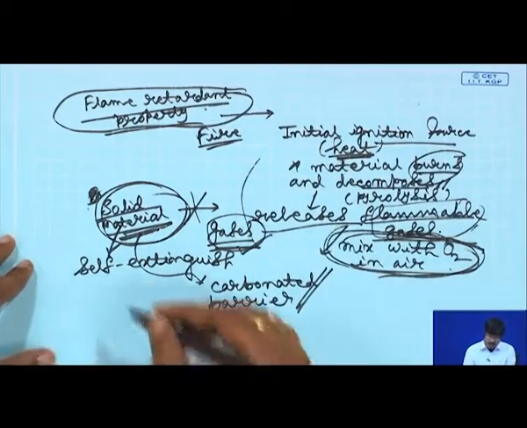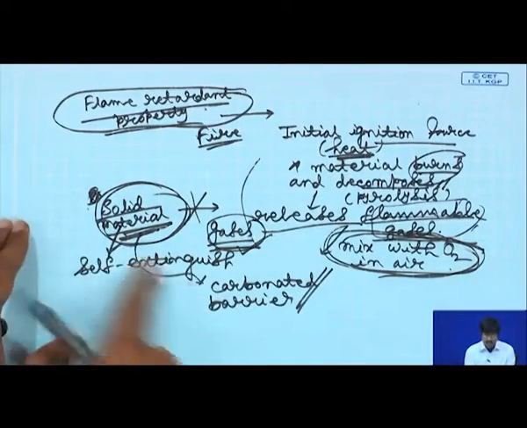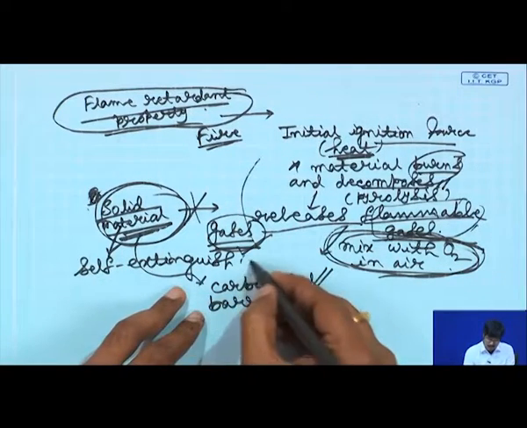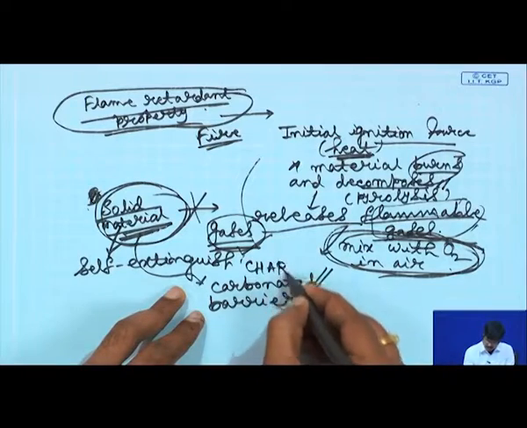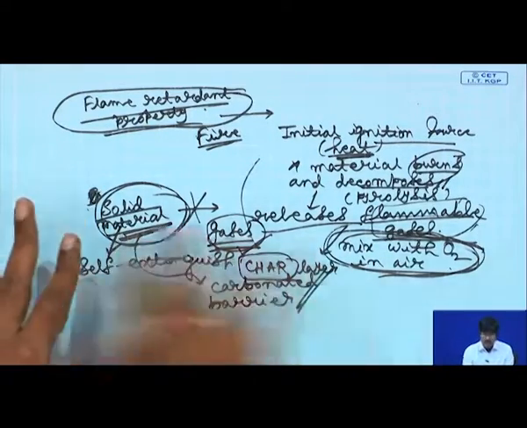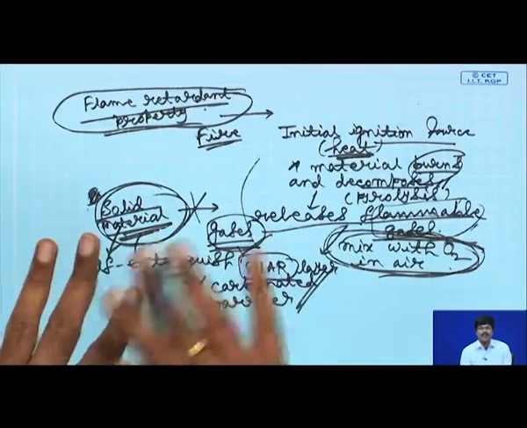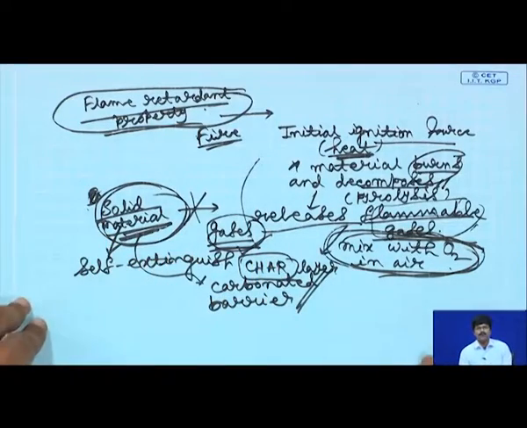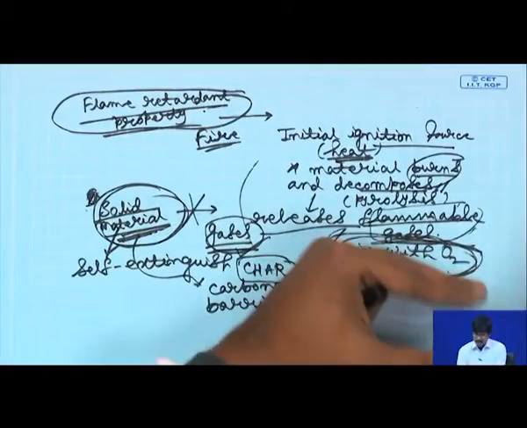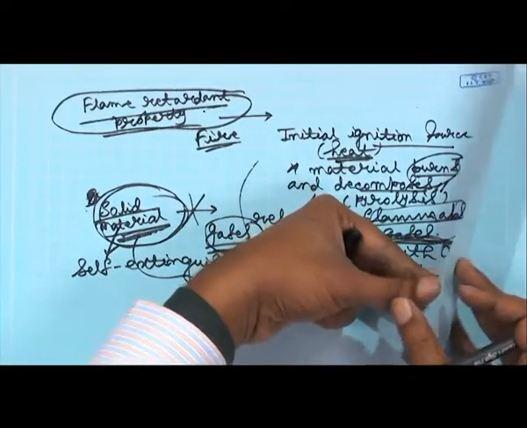So, what is done for bisphenol A polycarbonate is this part. Basically a carbonated barrier, or what you call a char layer, is formed on the surface of this bisphenol A polycarbonate, and so the flame cannot reach the bisphenol A polycarbonate and it does not decompose, and the flammable gas is not released. The way it is done is through the following process.